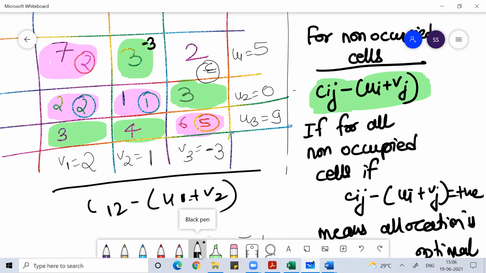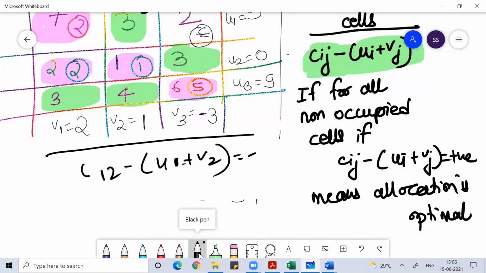So for the first one, you get a negative value, which means the solution is not optimal. Then the second one is C23: C23 minus U2 plus V3. C23 is 3, U2 is 0 and V3 is -3. So 3 minus -3 gives positive. If you're getting positive, good.